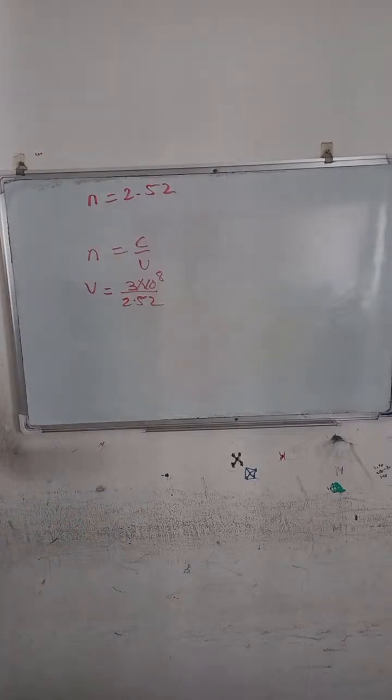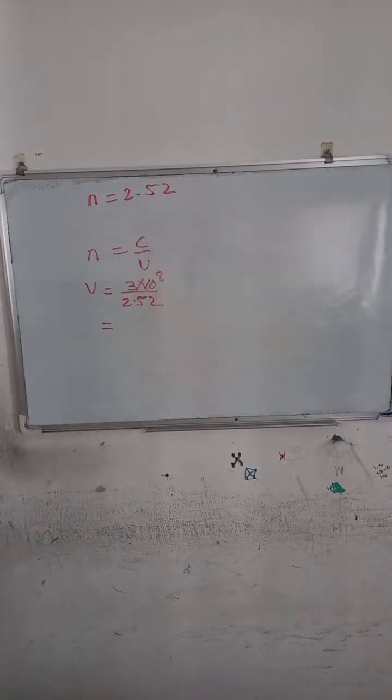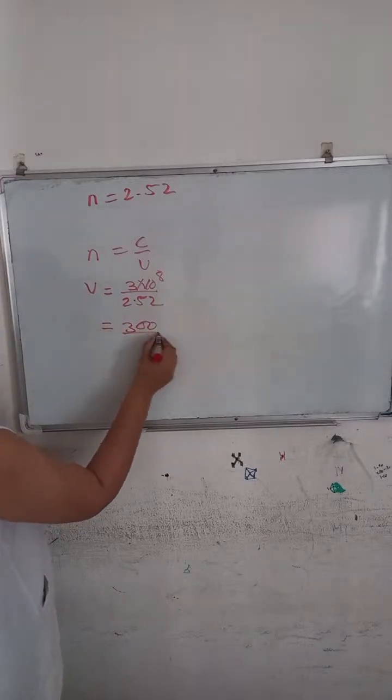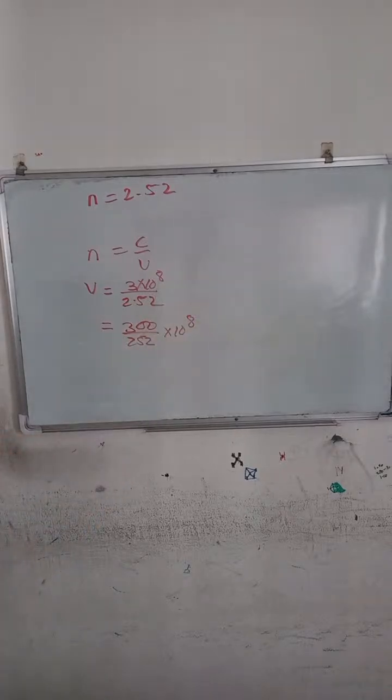So if you calculate this, you will get the answer. Just calculate this: 3 upon 2.42 is nothing but 300 divided by 242. Find out how much the division comes.